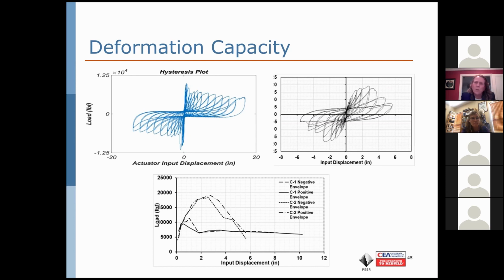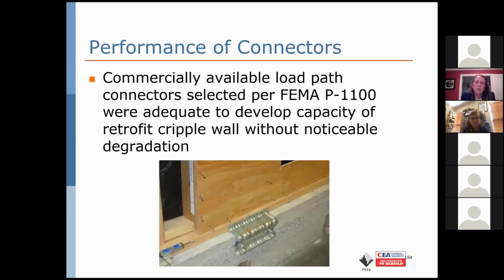Whereas with the siding, the plywood siding, we would normally think of as being like a plywood shear wall and a more ductile product, we exhausted our displacement capacity well before it was exhausted with the plaster on wood lath material.